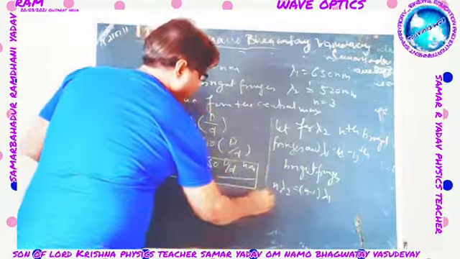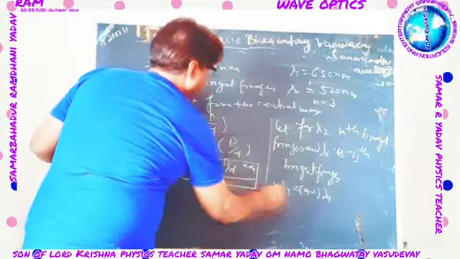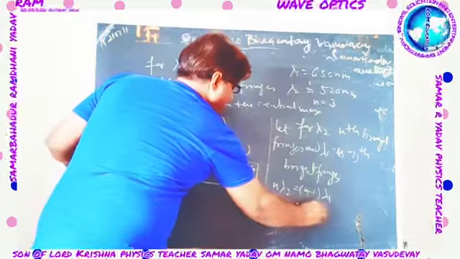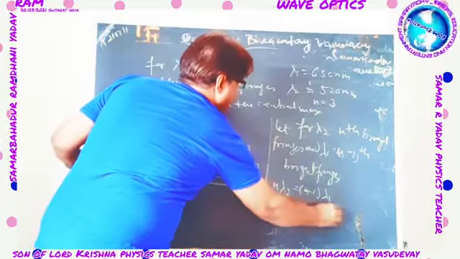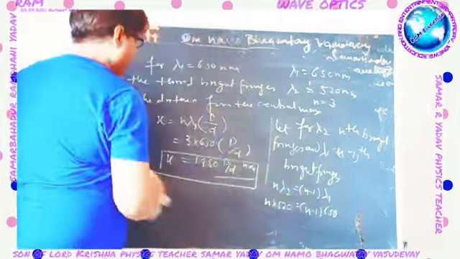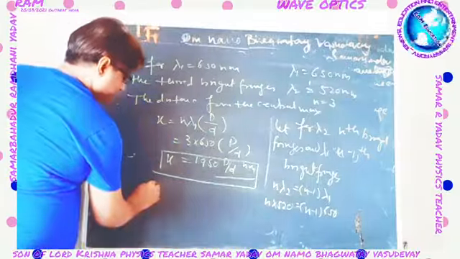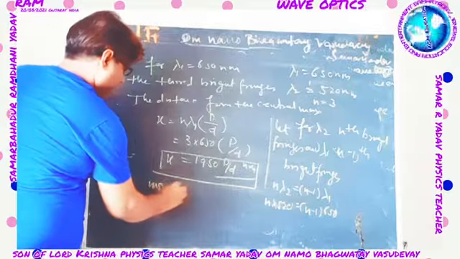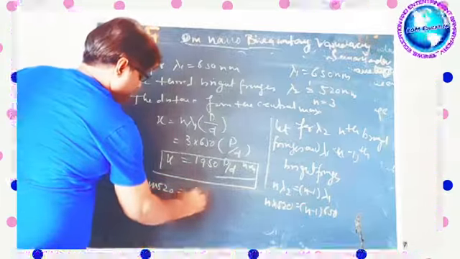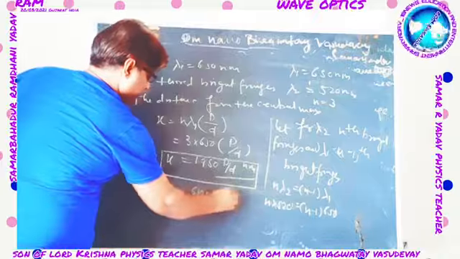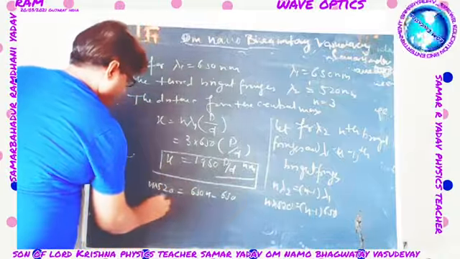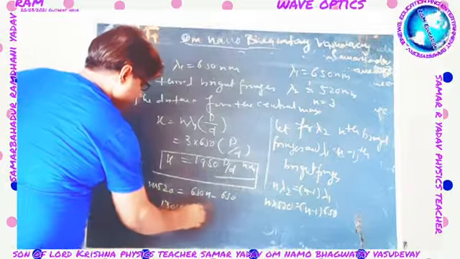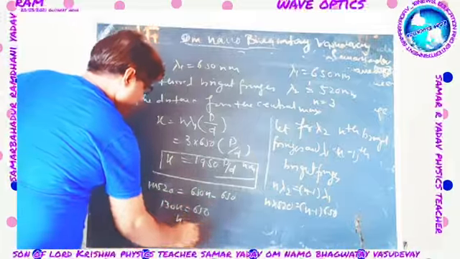Keeping the values, n into 520 is equal to n minus 1 into 650. Simplifying, n 520 is equal to 650 n minus 650. Therefore, minus 130 n is equal to minus 650, therefore n is equal to 5.